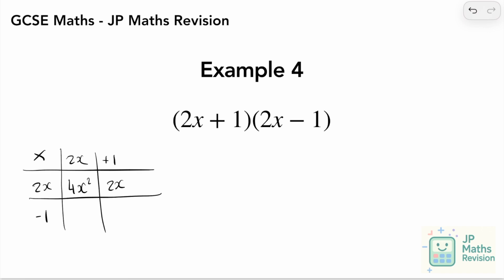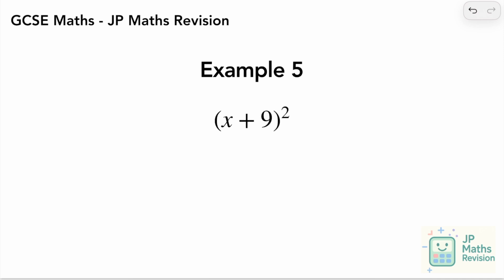Minus 1 times 2x is minus 2x, and 1 times minus 1 is minus 1. So simplifying this, we get 4x squared plus 2x minus 2x minus 1. So plus 2x minus 2x just cancels out to 0. So 2 take away 2 is 0. So 2x minus 2x is also 0. So we end up with 4x squared minus 1 as our final answer.